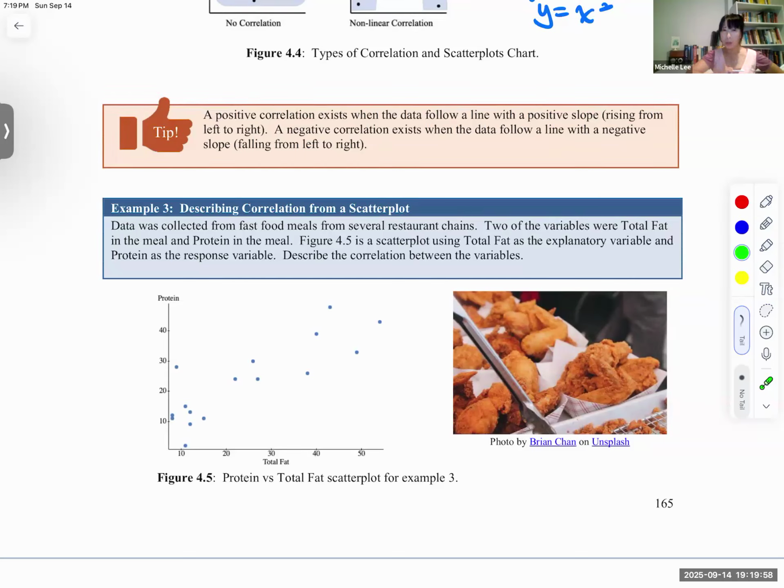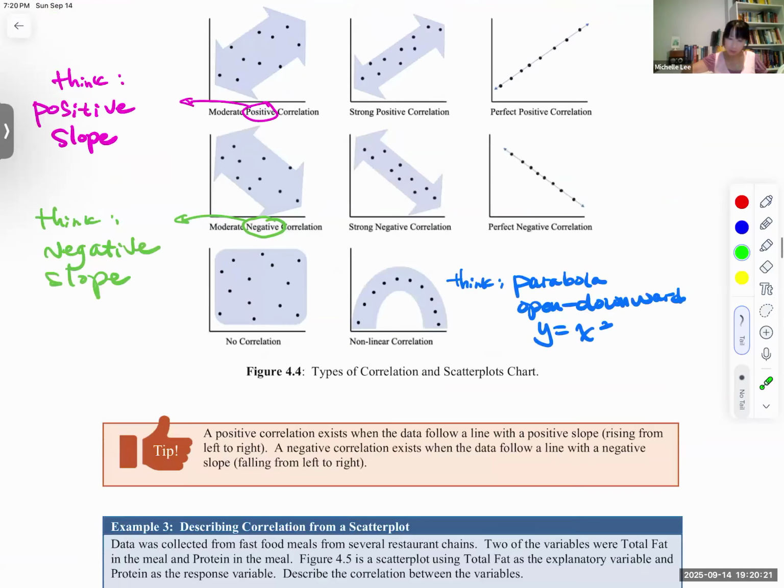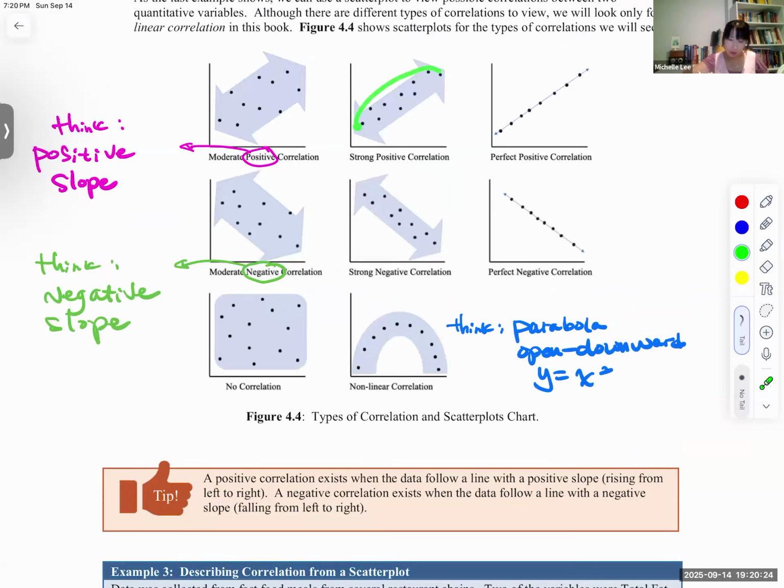Okay, first of all, is it positive or negative? Very good, it's a positive. It's a positive because the trend goes this way, right? Then what do you think? Is it perfect, strong, moderate? Okay, so review. This is a strong. This is a moderate. What do you think?